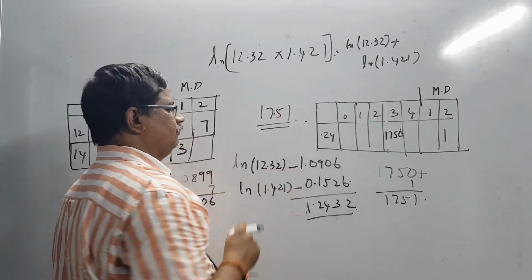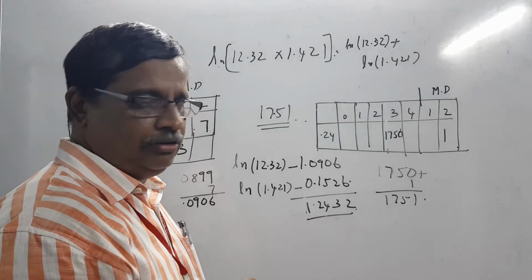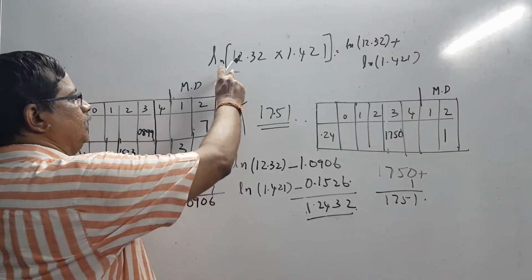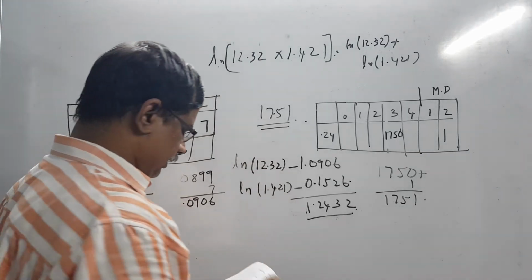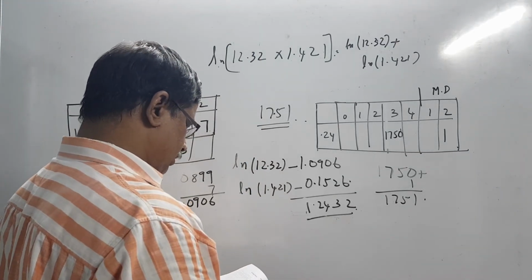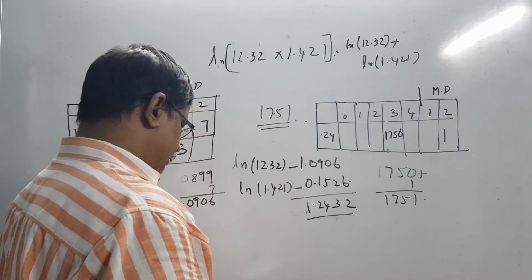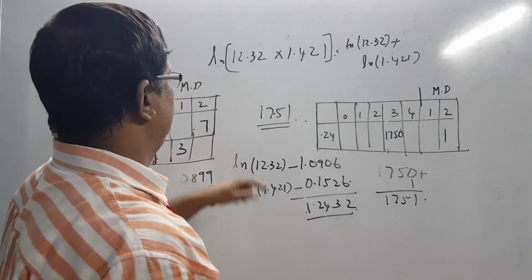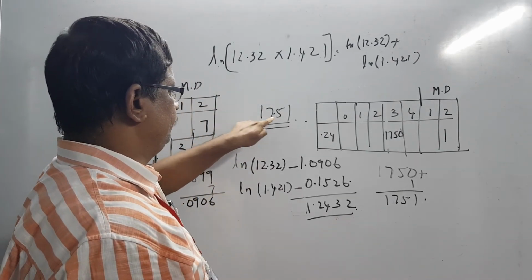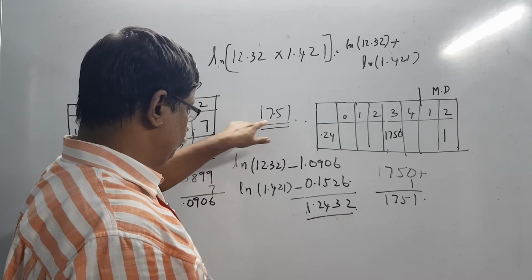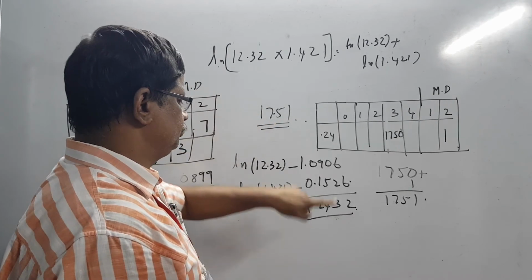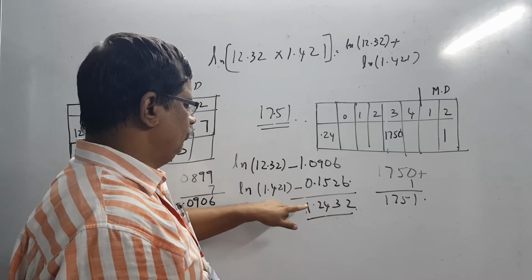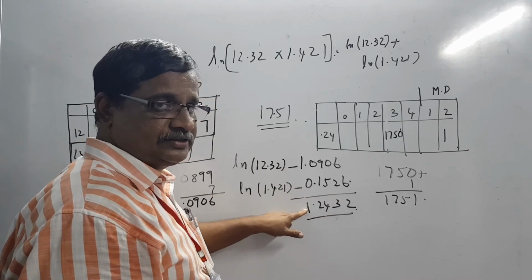So this is your final result, 17.51. When you multiply these two, you have obtained 17.51. Clear? So the product of those two numbers is 17.51. There must be 2 digits before the decimal. Why? When you find the logarithm of this, you get a number that has 1 as the characteristic.